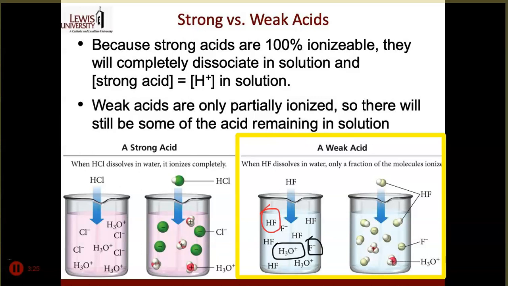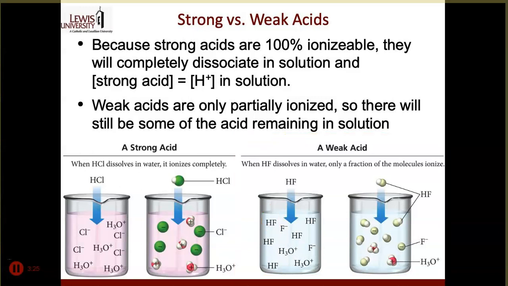So before for HCl, I only had chloride anions and hydronium cations. Now I've got three things in solution. I've got cations, anions, and the original molecule, which doesn't dissociate. So because it doesn't dissociate, it's a weak substance.